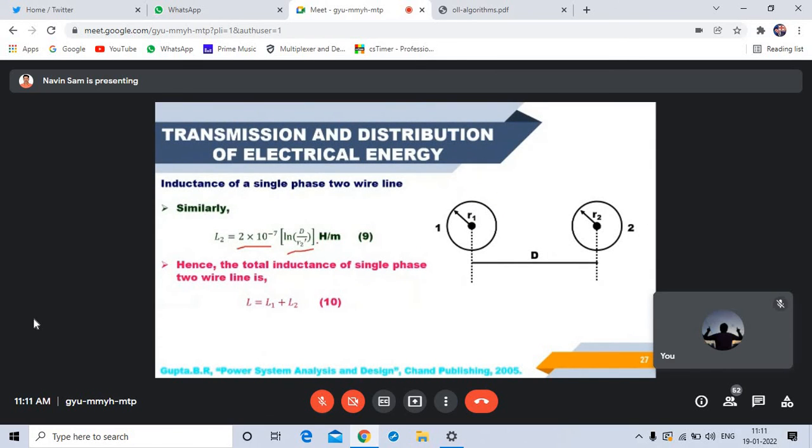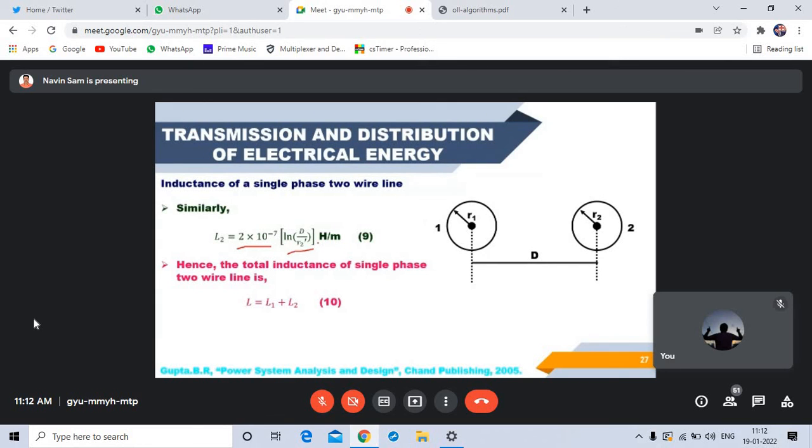Substitute L1 and L2, simplify it. Substitute L1 and L2 in this expression and find L.